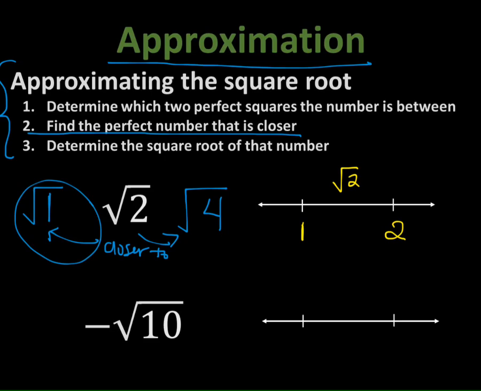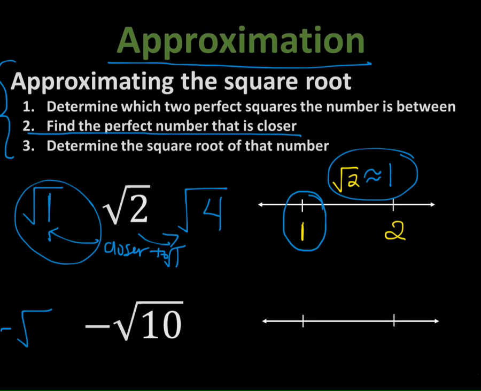It's closer to 1. So that means that 2 is going to be closer to the number 1. So my answer would be square root of 2 is approximately 1. So again, you find out which is closer in the perfect squares, and then your final answer has to be the number that's been square rooted. And we'll look at a couple more in a second too.